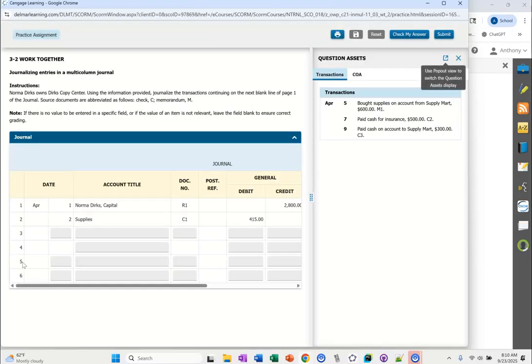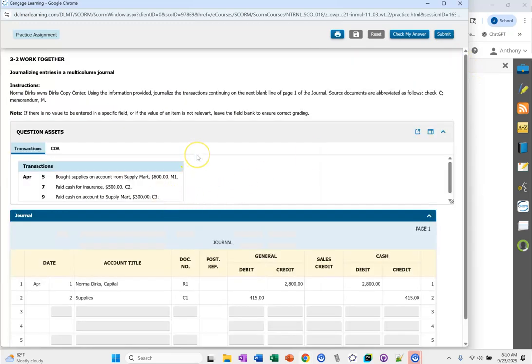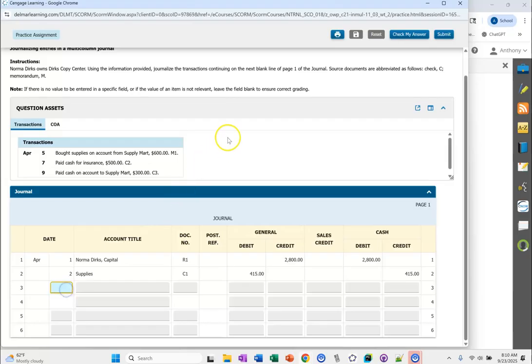So let's start with the 3-2 work togethers.